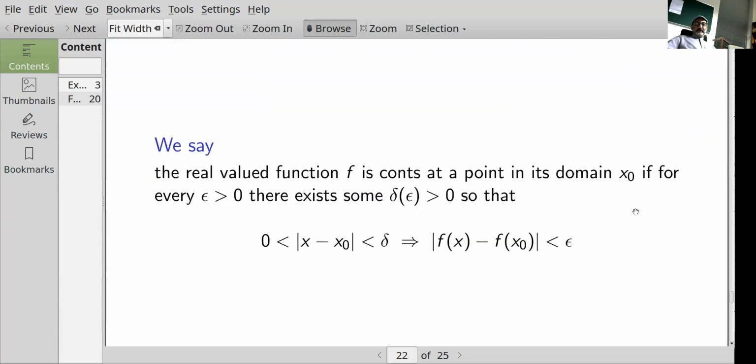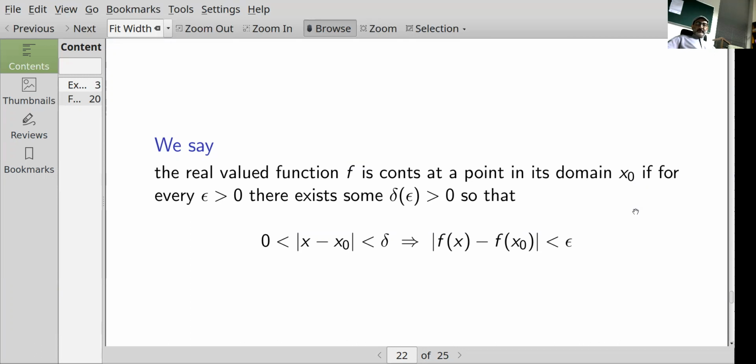And the formal definition of continuity. In continuity, what you want to say is that the limit value is the same as the function value. So L, the limit, should be replaced by f of x naught.